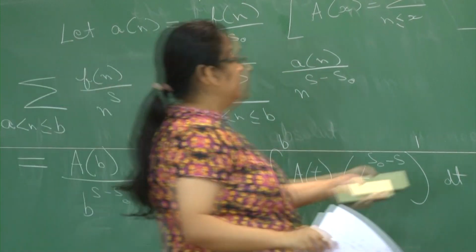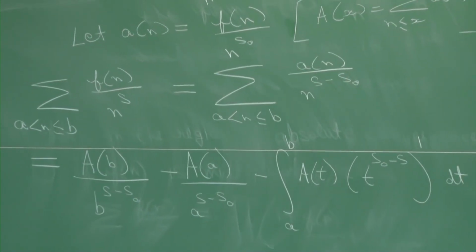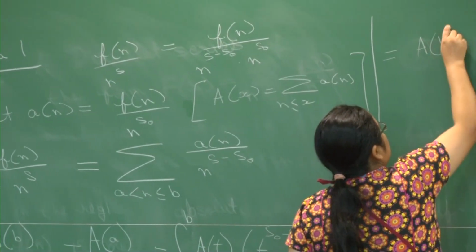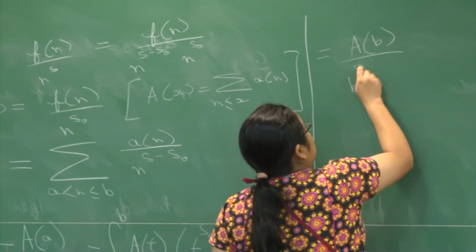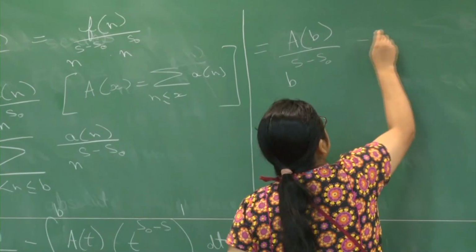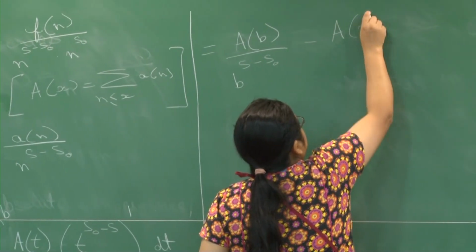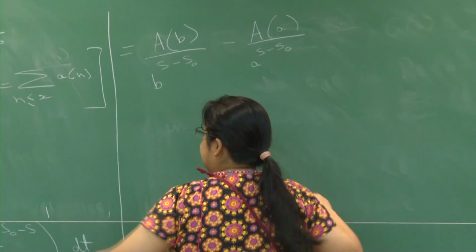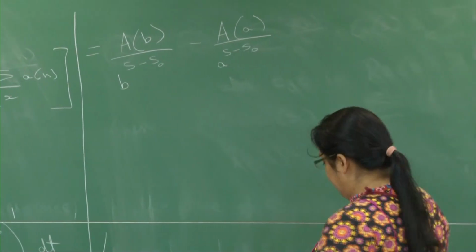and this just turns out to be equal to capital A of b over b raised to the s minus s0 minus A of a over a raised to the s minus s0. And what are you left with over here?